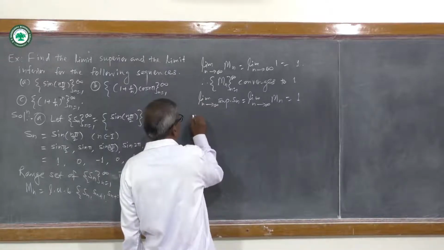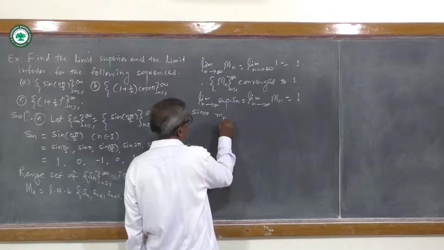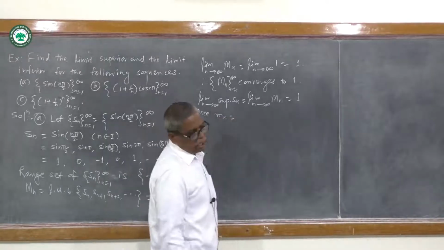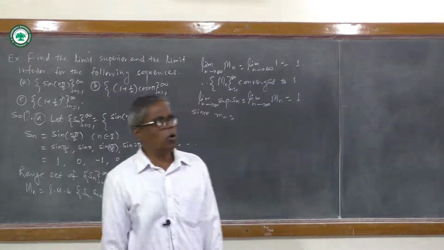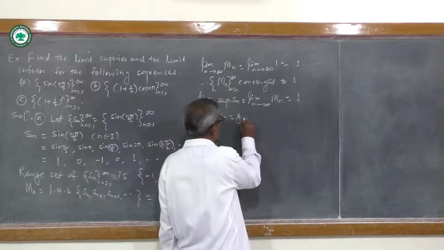Small mn, by definition, is the greatest lower bound of the set Sn plus 1 and so on.